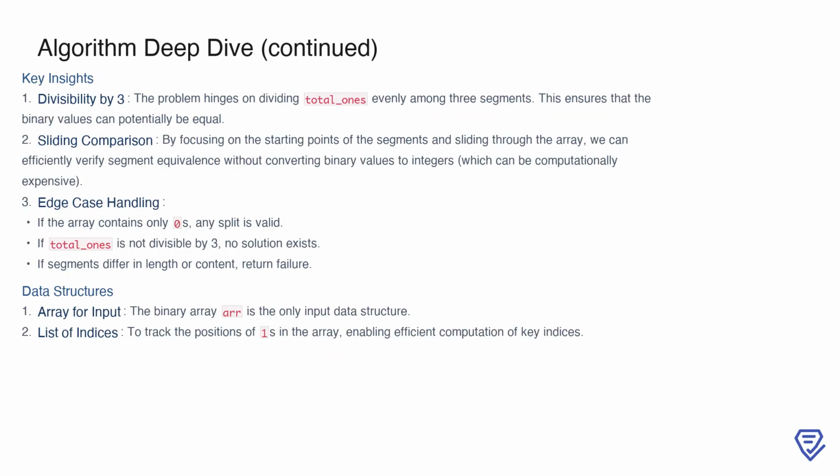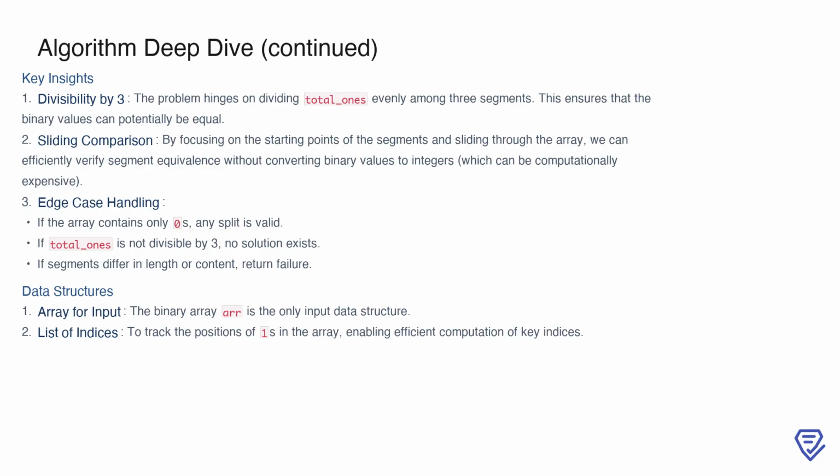At the heart of this problem lies the insight that the total number of 1s must be evenly divisible by 3. This ensures that each segment has the potential to represent the same binary value. Additionally, instead of converting binary values to integers for comparison, which could be computationally expensive, we use a sliding comparison approach.